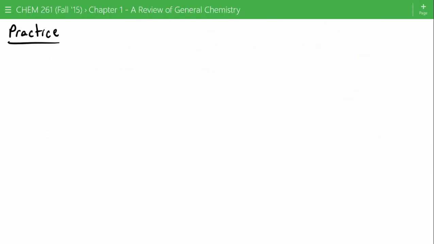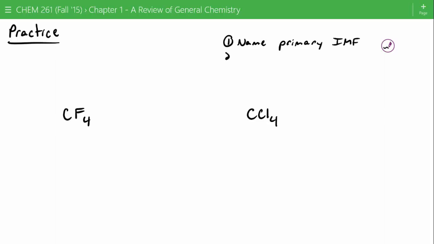So the first example I have is CF4. And the next one I've got CCl4. So first, name the IMF, or the intermolecular force. And two, determine which has the higher boiling point.